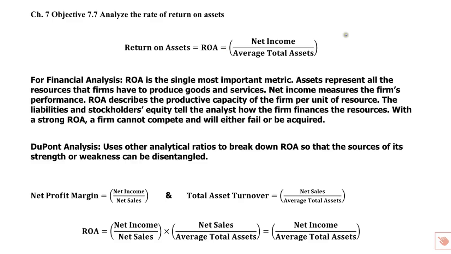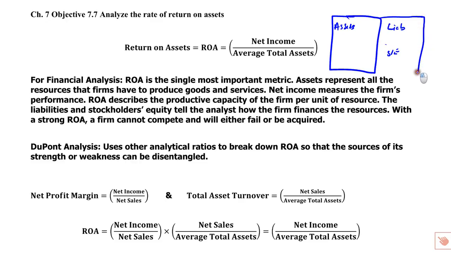So if you think about the company and our accounting that you're learning, you have assets and liabilities and stockholders' equity. All right, and these assets are resources to make stuff.